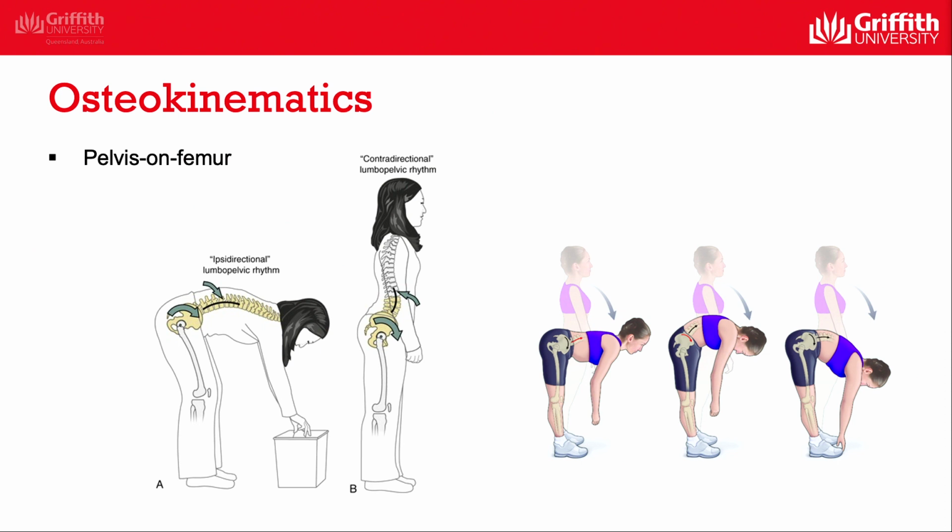During all of this, there's also going to be movement at the spine, in particular the lumbar spine. It's important to appreciate how closely the pelvis and the lumbar spine are related, and movements at the hip and pelvis will influence the movement or the position of the spine.